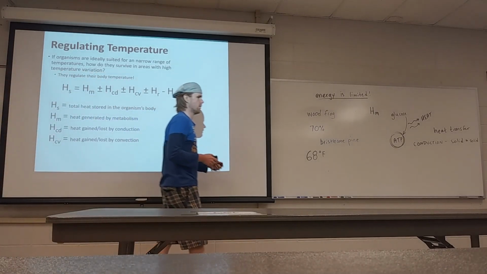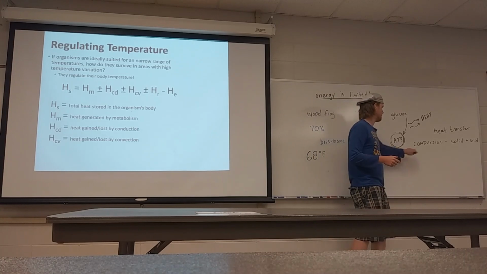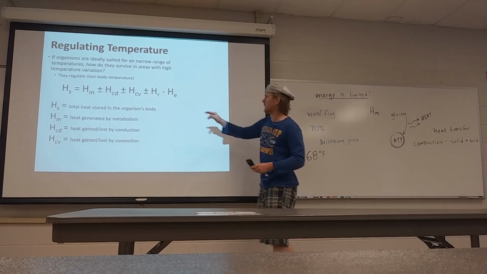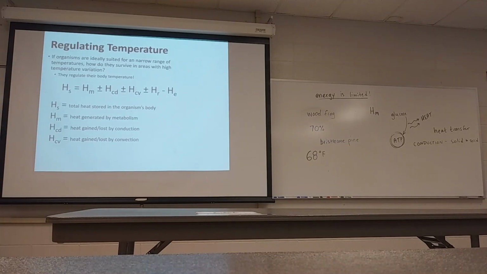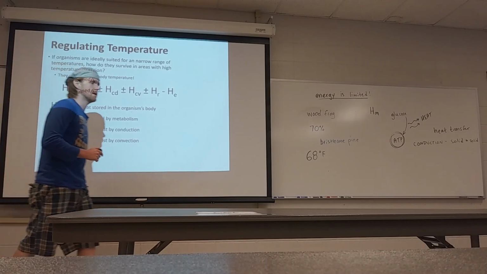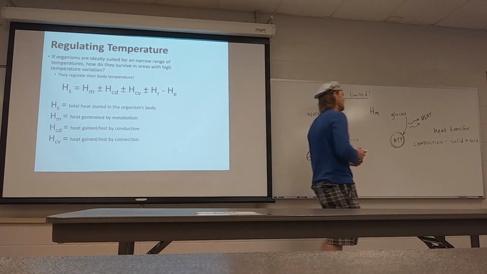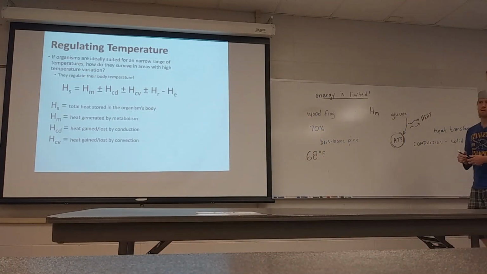That's an example of an organism warming up through conduction. If you'll notice, conduction has a plus and a minus sign because you can gain or lose heat through this. My cat gained heat. If I were to go and jump up and hug an iceberg, I would lose heat. So both of those would be examples of conduction. Solid to solid heat transfer.